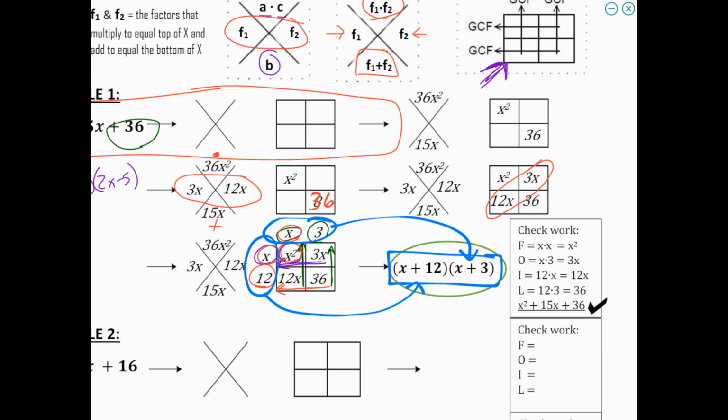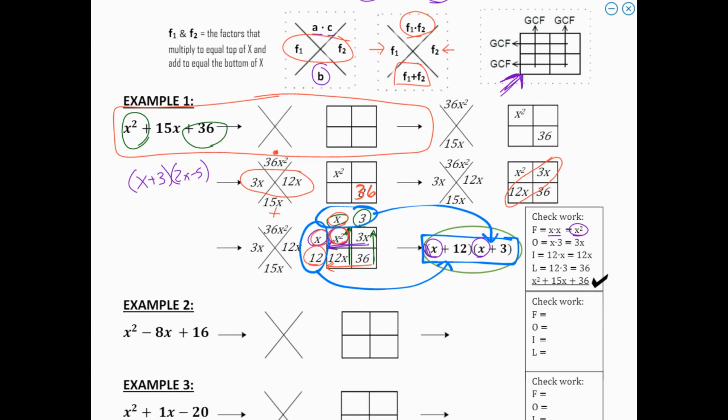Okay. So we've got the first term, which would be x times x, which gives me x squared. Okay. So that checks out. Then I've got my outside terms, which is x times 3, which gives me 3x.